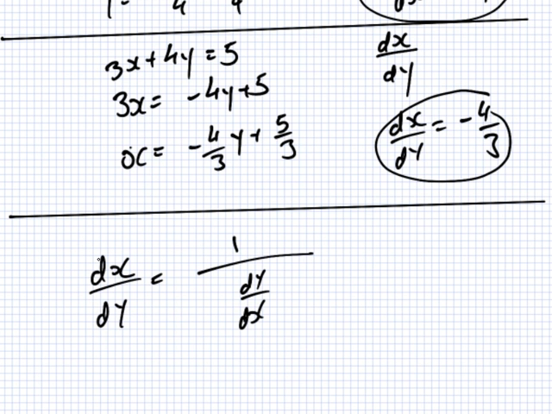Y equals log x to the 4. Do we have a rule for log x to the 4? Well, not really. The 4 is a problem. But we can use one of the rules of logs to change this into 4 log x. So what's the derivative here? 4 times 1 over x.